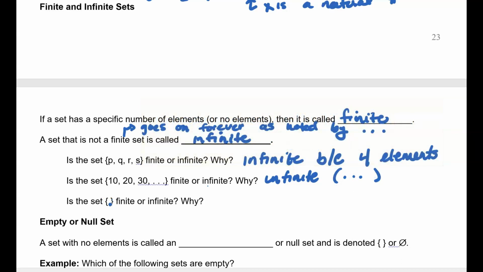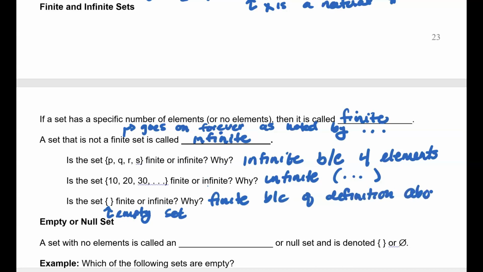Is this set, this would be what we call the empty set, which we're going to get to next, finite or infinite? We're going to say finite because of the definition above. The definition of a finite set means that it has a specific number of elements or no elements. So it includes the empty set there.